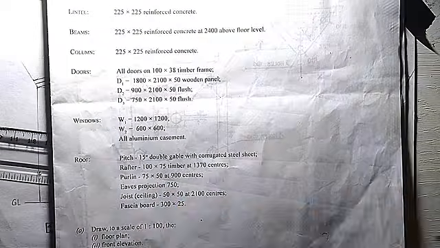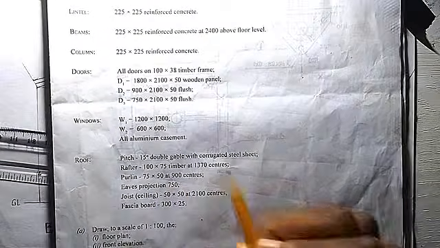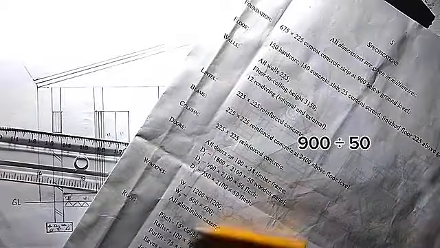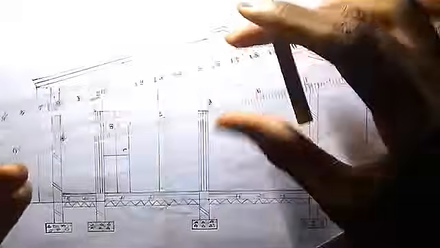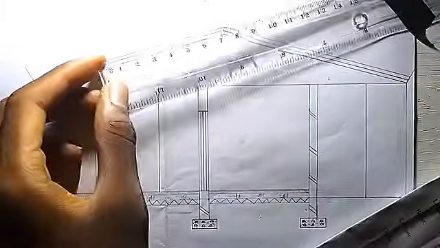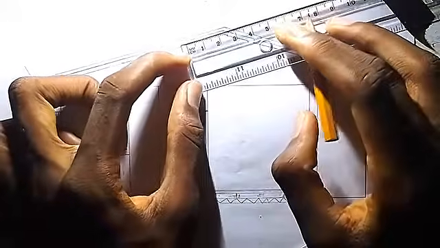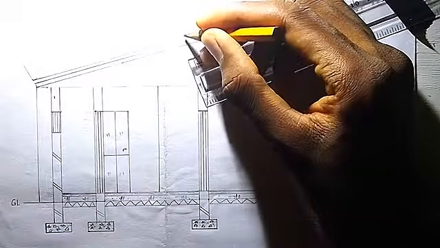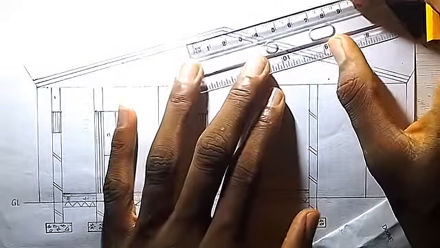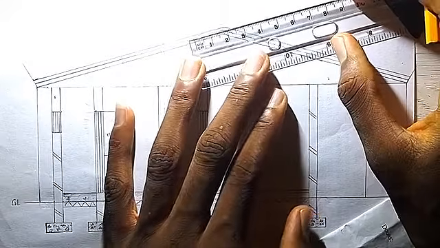Then after that, at 900 centers, 900 divided by 50 is giving us 18, which is 1.8 cm. So at this purlin, we have to mark 1.8 cm to each part. That is, we mark 1.8 cm, then measure 0.2 and put a mark. Just take note of what I'll do. That's what we'll do for the purlin.